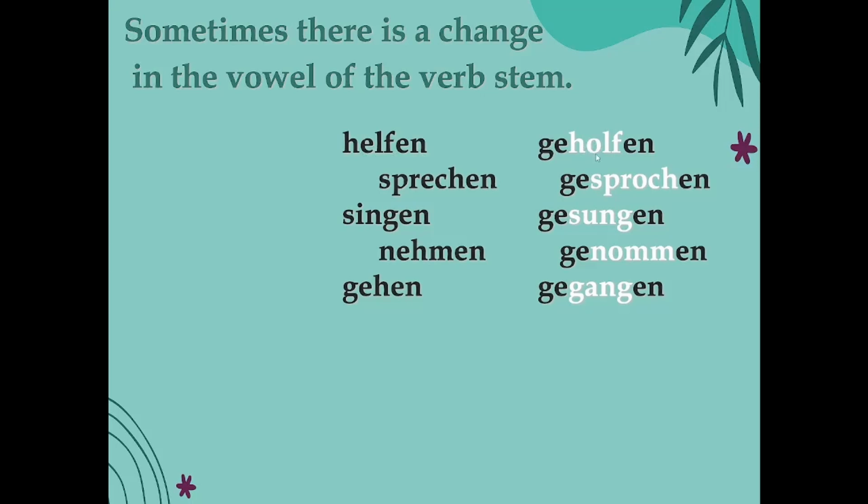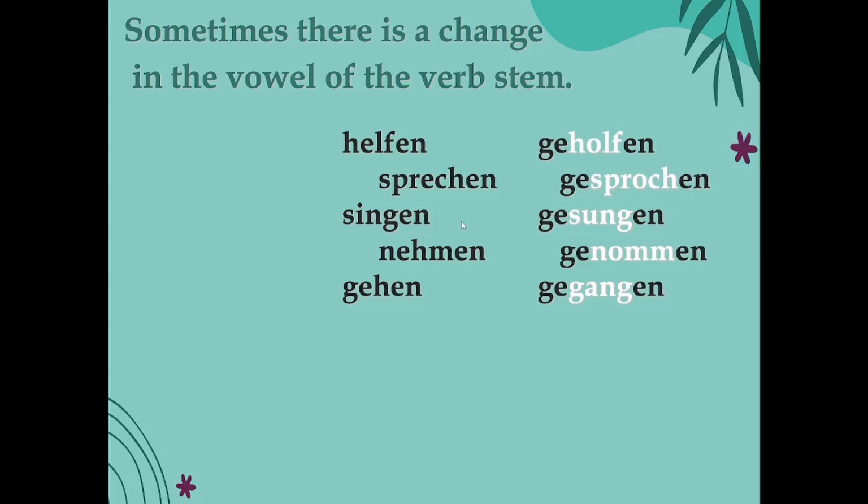So geholfen. You can see ge and en are getting added, but the vowel in the verb itself is also changed. So helfen, geholfen. Similarly, sprechen, to speak, spoken, gesprochen in German.